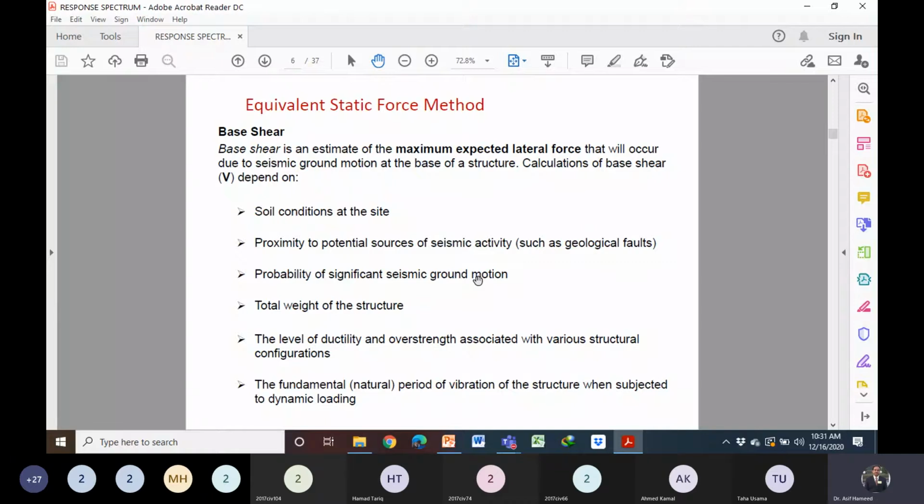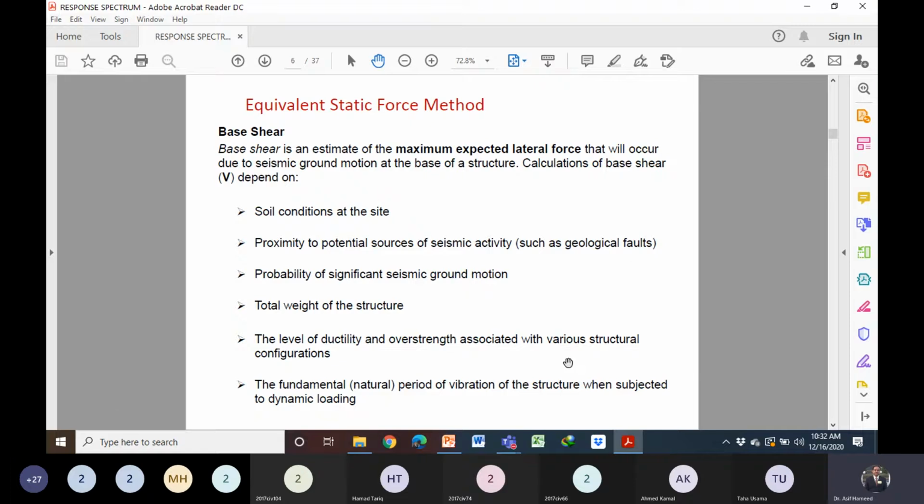How can we calculate the base shear? Initially, at the start of the last century, they did not have a better understanding of the response of the structure because of wind loading or earthquake loading. Simply, they assumed the same value of lateral force for the wind response of the structure and also for the earthquake.